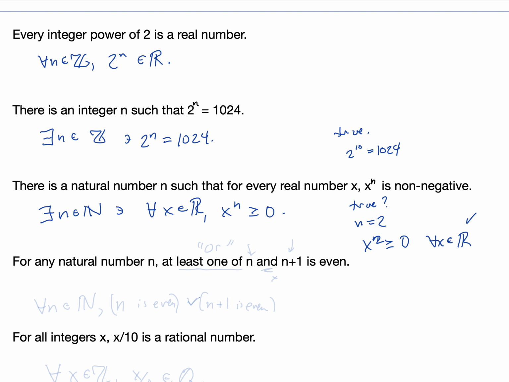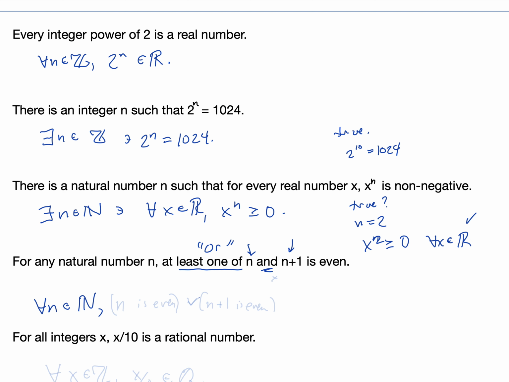Next, for any natural number n, at least one of n and n plus 1 is even. For any n in the natural numbers, at least one of. So at least one of means this is even, or that is even, or both are even, right? So at least one of is always an or. Just make sure to keep that in mind.